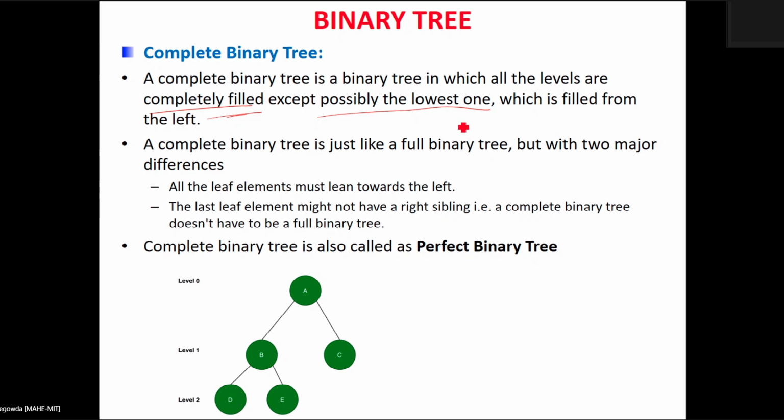But if a node has only one child, then that is supposed to be the left child of that particular node. So that is the definition of a complete binary tree.